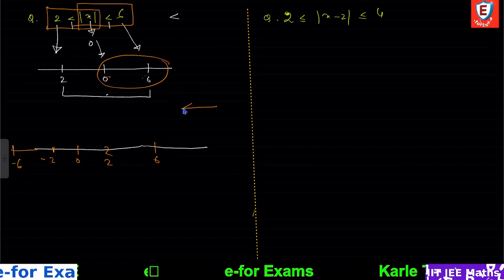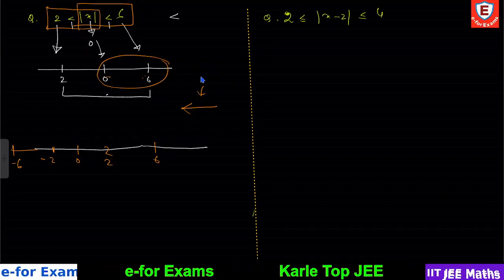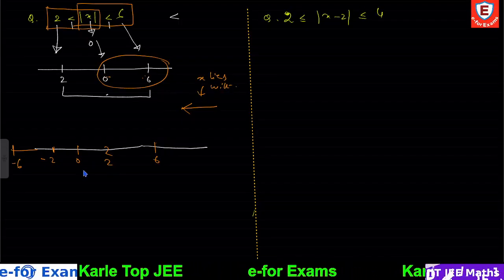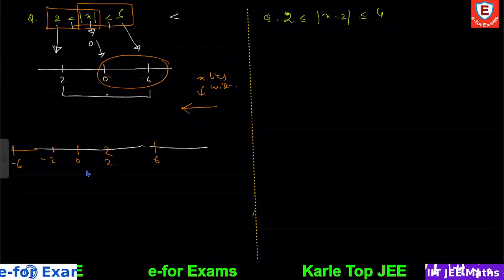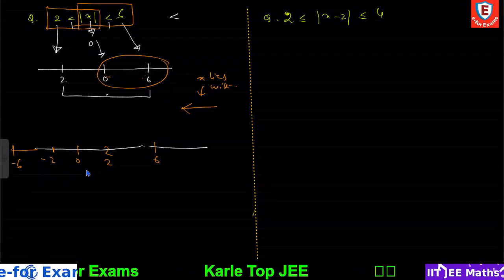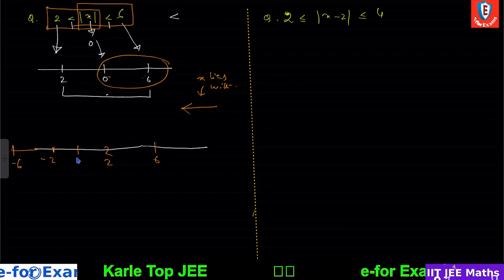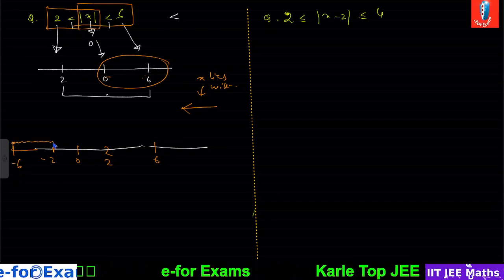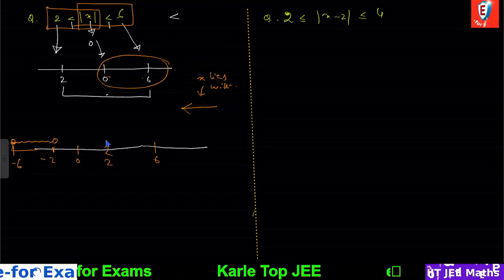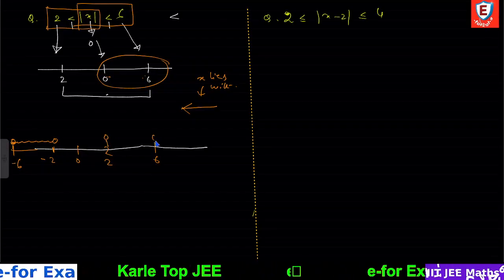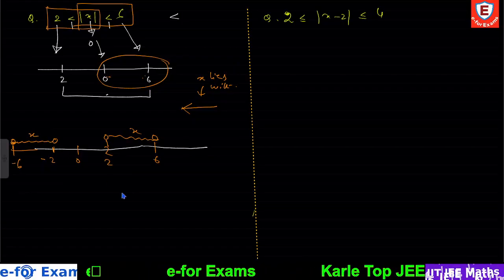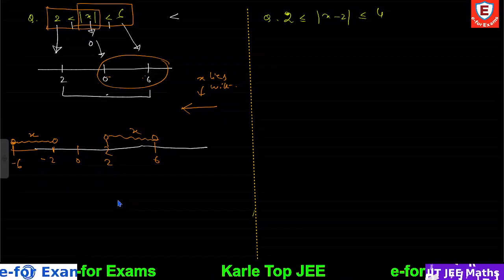Arrow is coming towards, so less than means x will lie within, positive 2 to positive 6. x is here and x is here. Got it?